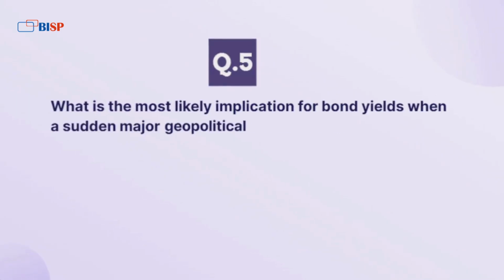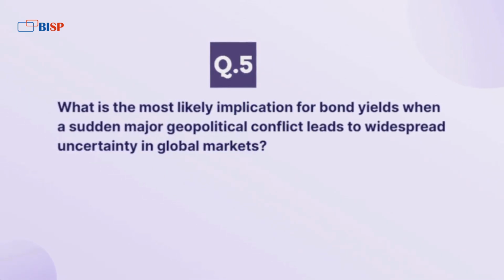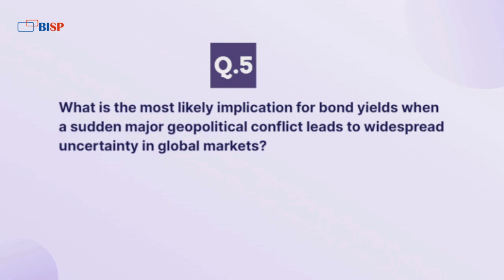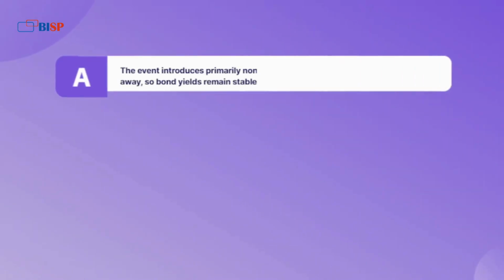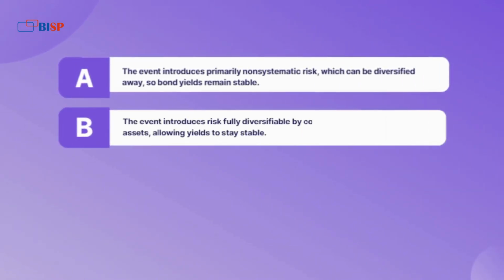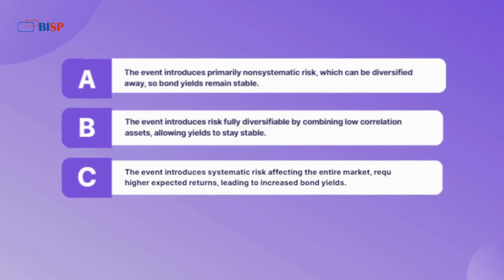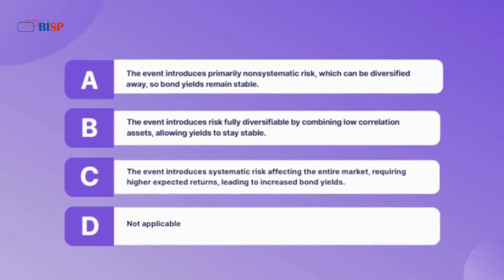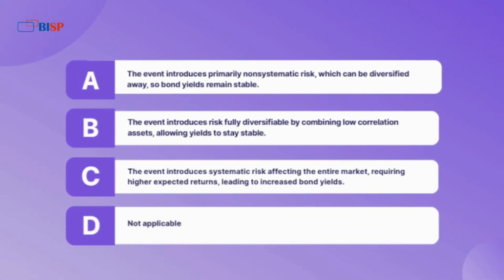What is the most likely implication for bond yields when a sudden major geopolitical conflict leads to widespread uncertainty in global markets? A. The event introduces primarily non-systematic risk, which can be diversified away, so bond yields remain stable. B. The event introduces risk fully diversifiable by combining low correlation assets, allowing yields to stay stable.